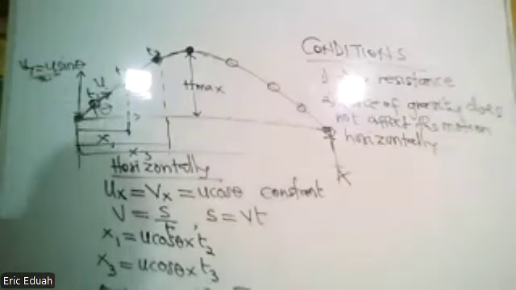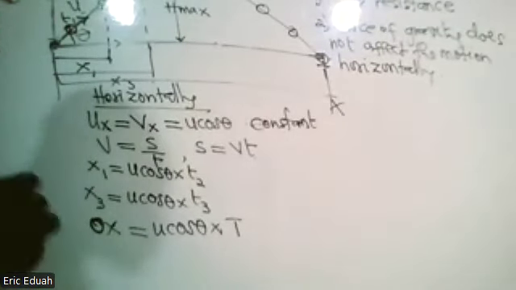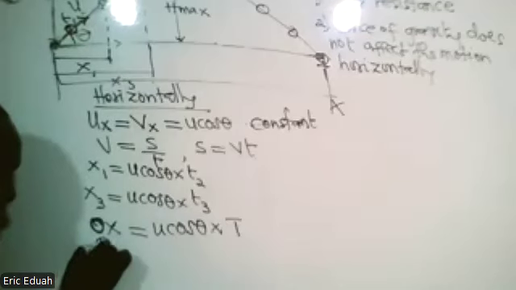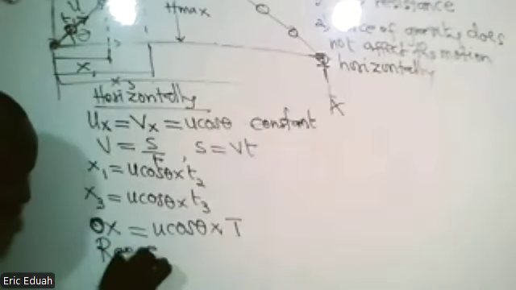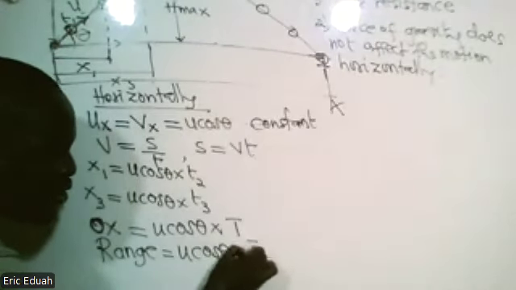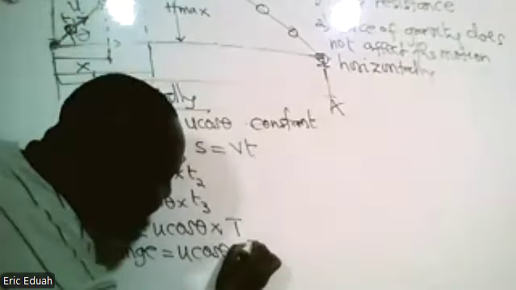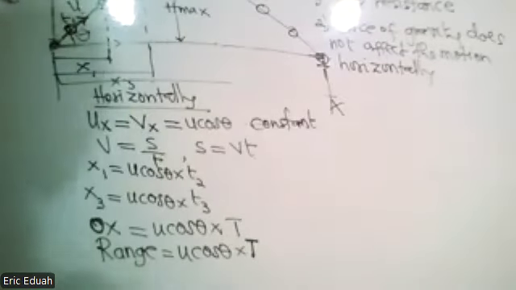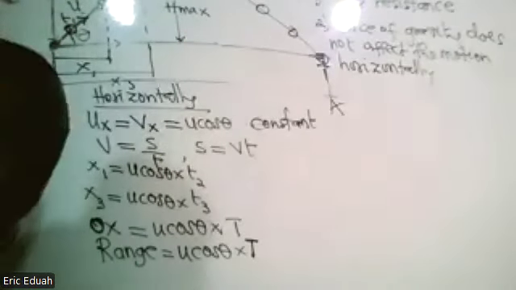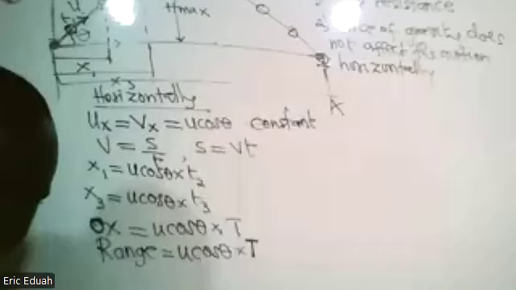This total horizontal distance, OX, is what we technically call the range. So the range is the total horizontal distance traveled by the projectile, and the time of flight is the total time taken from where it starts to where the object drops. Please, are we okay?